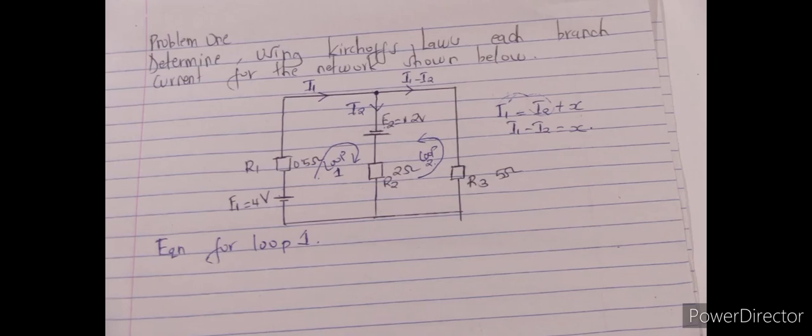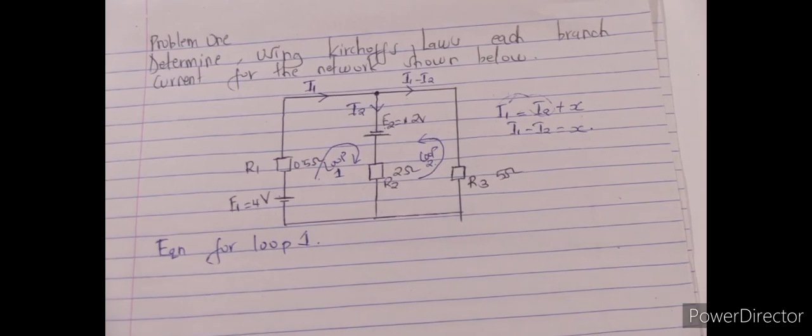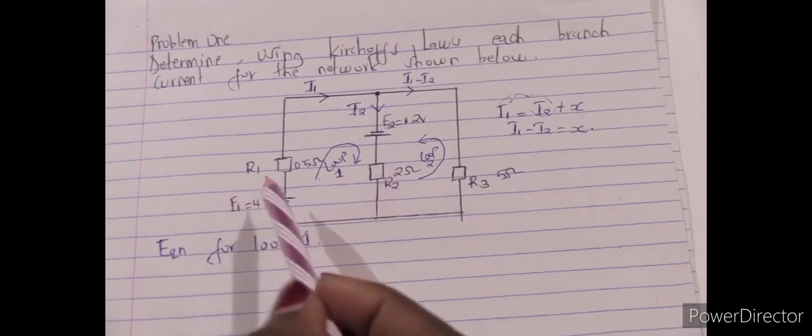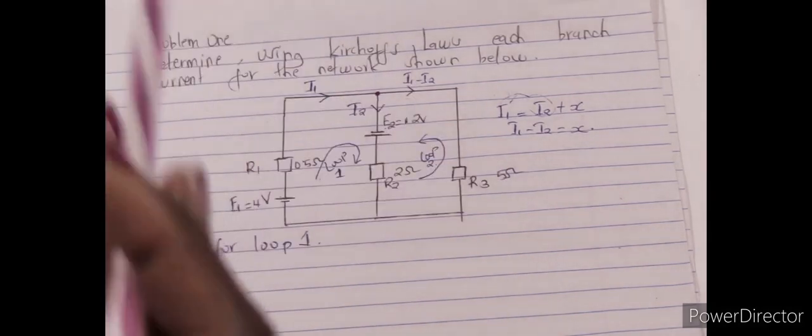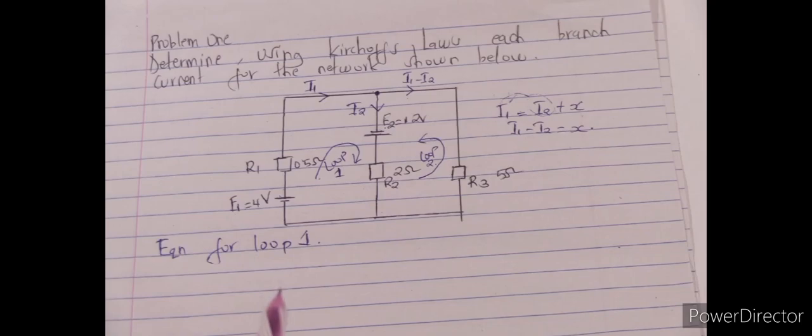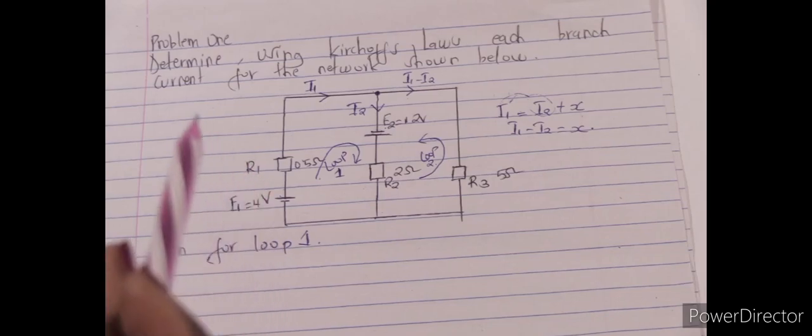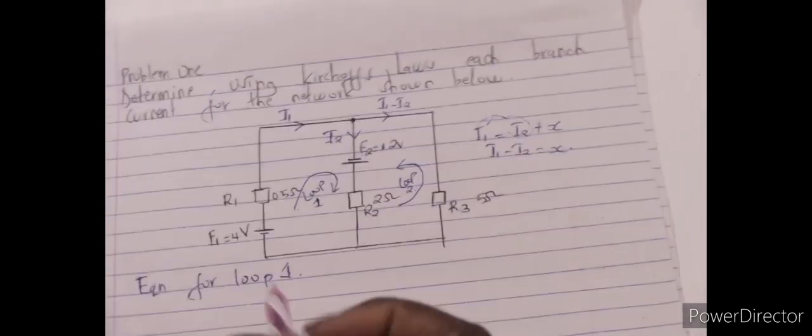The voltage law states the algebraic sum of voltage drops, that is products of current and resistance, is equal to the resultant EMF. So you equate the total EMF in that particular loop to the products of current and resistance.